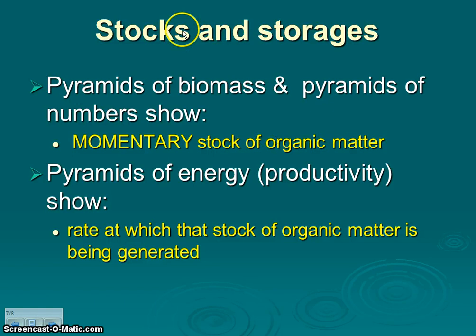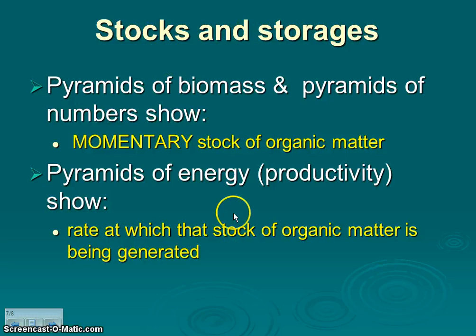That's going to be a stock of carbon and lots of different nutrients. And same thing with biomass. How much organic matter was taken in either by photosynthesis or through eating? That's gross primary productivity or gross secondary productivity. The pyramid of energy is going to really show the rate at which that was taken in. This is more referring to time a little bit better than others.